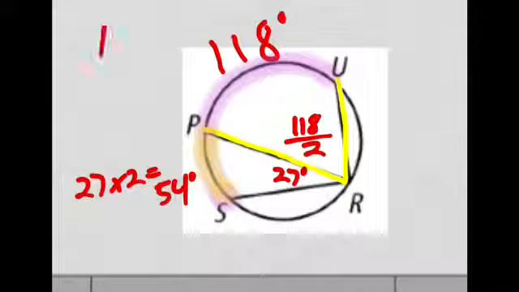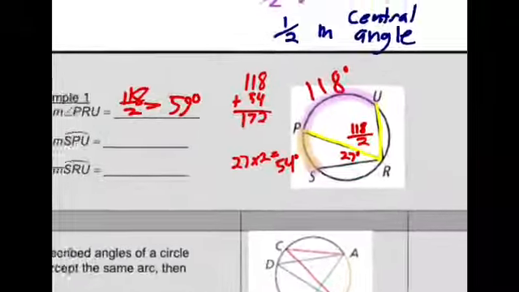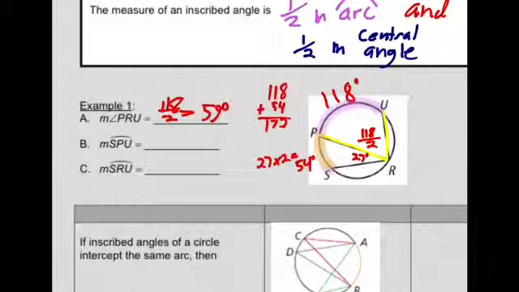So now we just say 118 plus 54, that's 172. So that's the entire measure of arc SPU. Guys, is arc SPU a minor or major arc? Major, because it's designated by 3 letters, major arc. Okay, so that was 172.